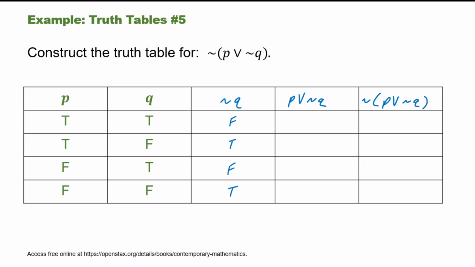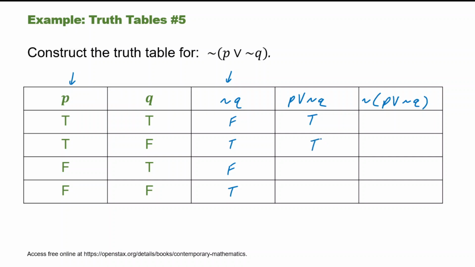For the fourth column, we need to look at the columns P and not Q, and we're looking at these as an OR statement. So we're looking at the first and the third columns, and we're thinking OR. So if there's a true in either one of those in the first row, then our next value is going to be a true. So there is a true in that one, so our fourth column, first value is true.